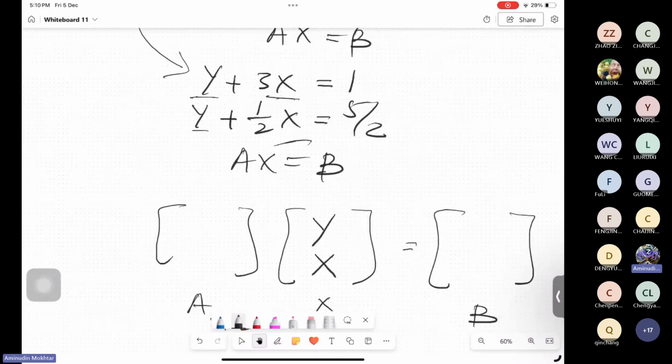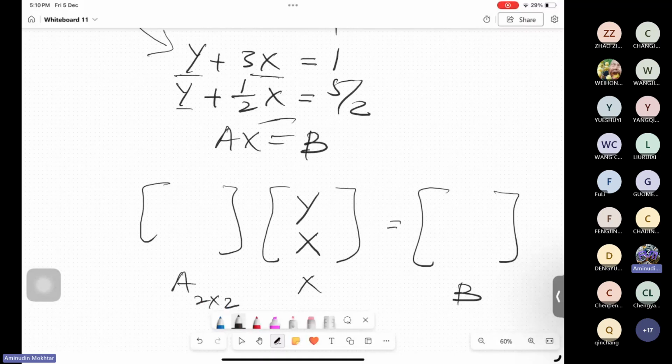For A, the first row represents the coefficients of the variables in the first equation: 1 for y, 3 for x. The second row of A is the coefficients of the variables for the second equation: y is also 1, but x is 1 over 2. That's how to transform the equation into the matrix form.